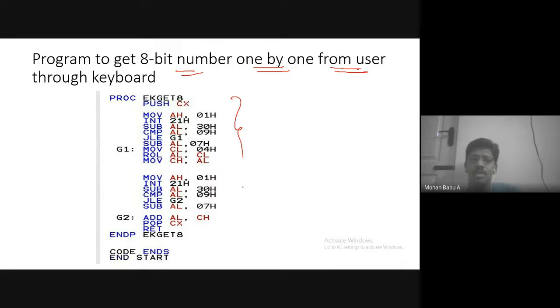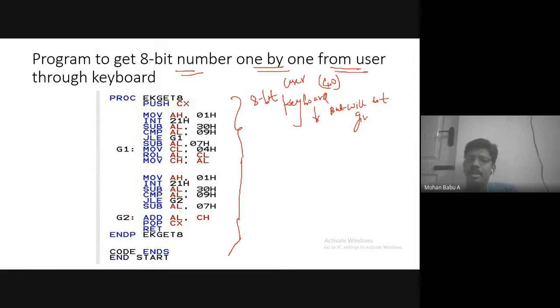If you want to convert the ASCII equivalent back to the original number, we need this set of codes. This set of codes will help you to get 8-bit numbers one by one from the users after entering them on the keyboard. For example, if the user enters the 8-bit number 40 on the keyboard, the keyboard will not give the number 40.